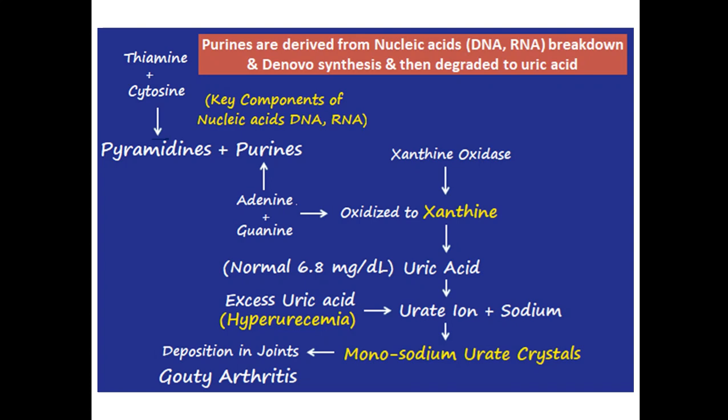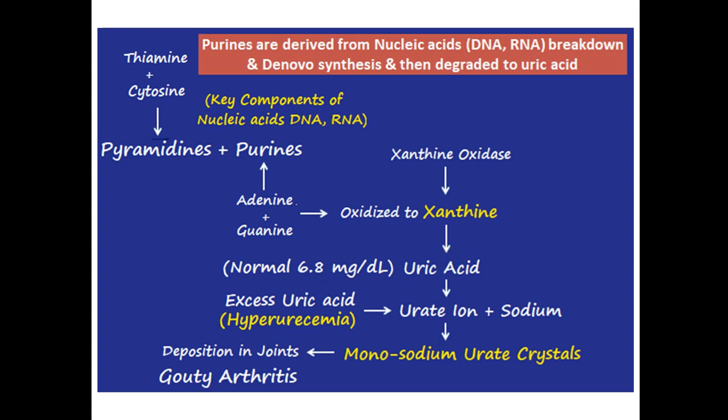When these cells are broken down, the adenine and guanine contained in the purines are oxidized to xanthine. The xanthine, which is formed in a stepwise oxidation of the adenine and guanine, is then acted upon by the enzyme xanthine oxidase and is converted into uric acid.